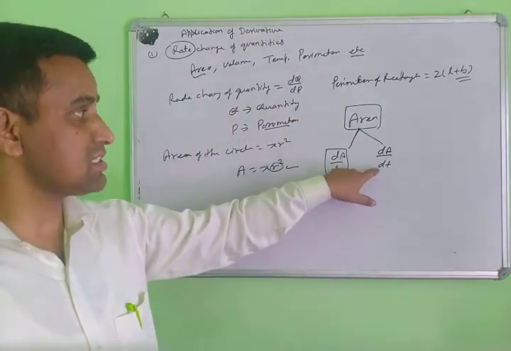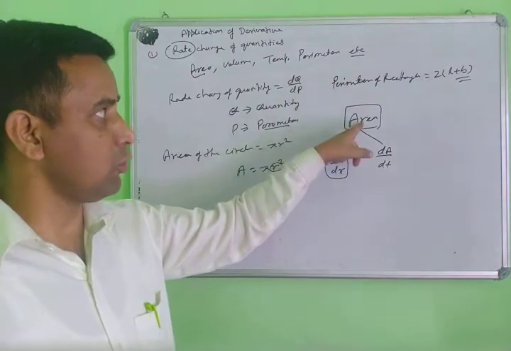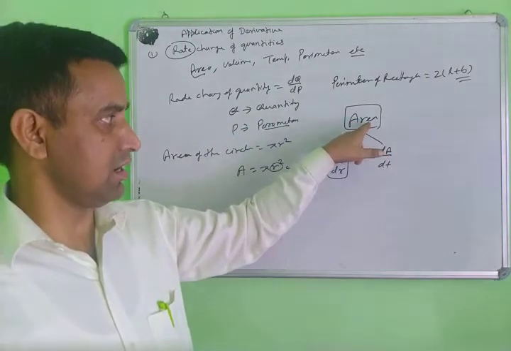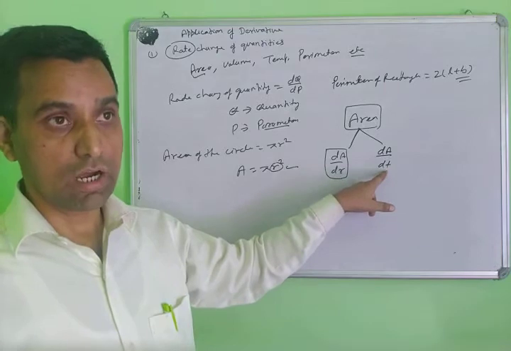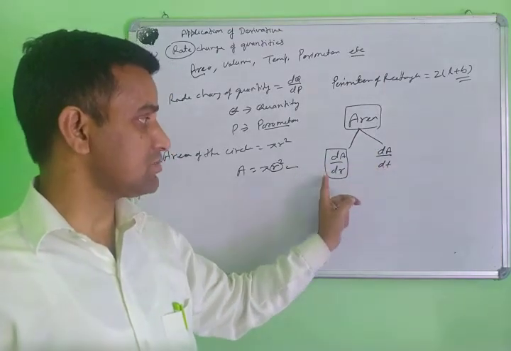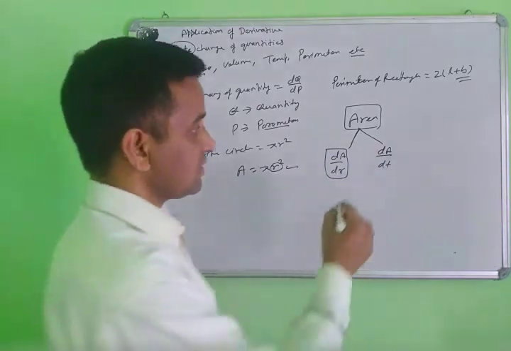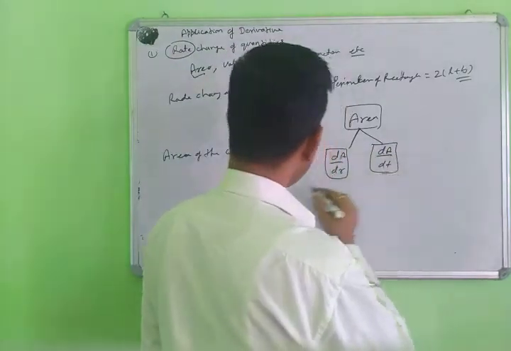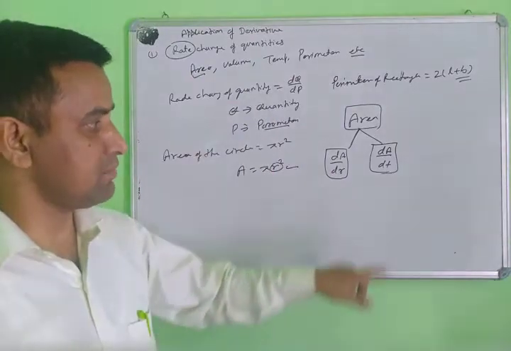Sometimes this area, perimeter, volume or any other quantity changes with time. Sometimes this way, sometimes that way. That means it will be changed sometimes by the given parameter, sometimes by another parameter, which is time.